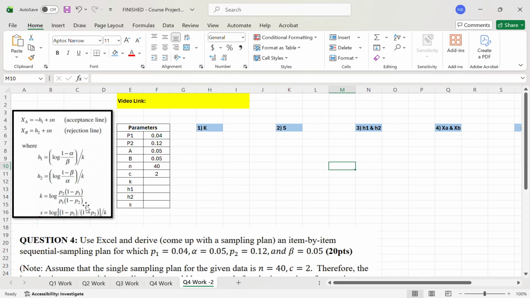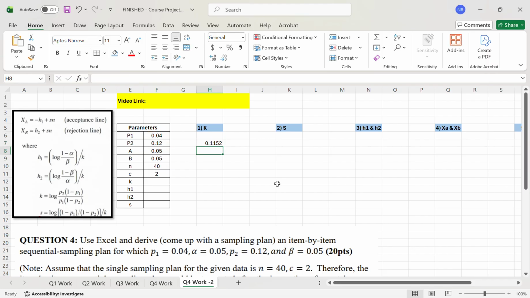So let's begin. We're going to take it step by step. K is the log of P2 times 1 minus P1 over P1 times 1 minus P2. We're going to start with the numerator: P2 times 1 minus your P1 value.